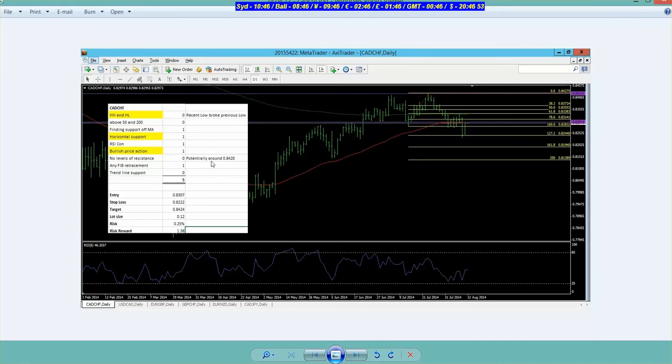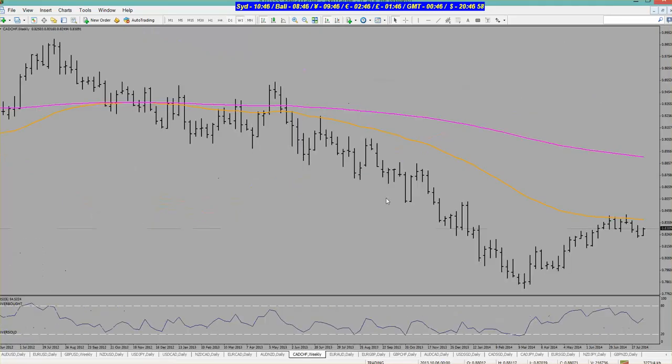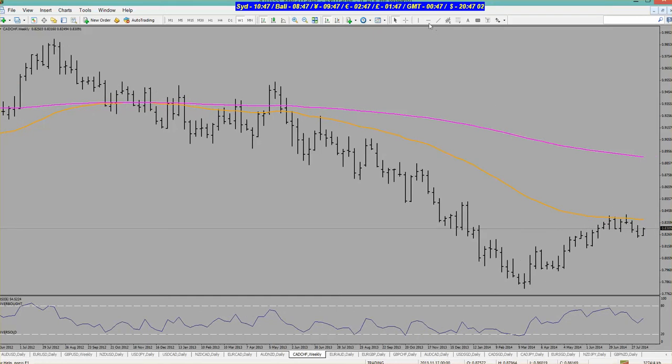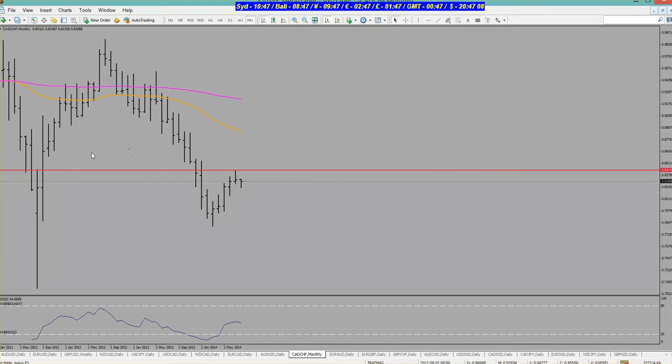And I don't see much resistance in this. Even if you're looking to take this short on the weekly, what was the resistance there? There wasn't much. Maybe that area there.